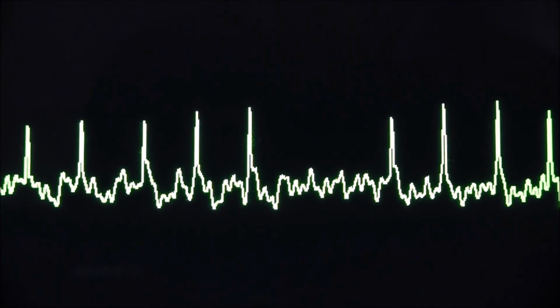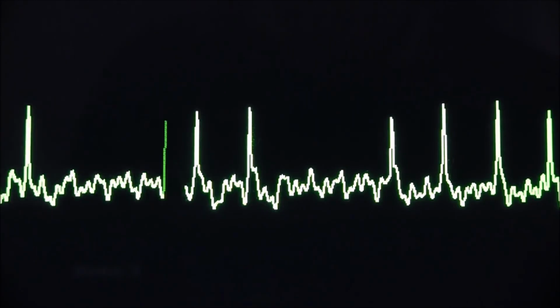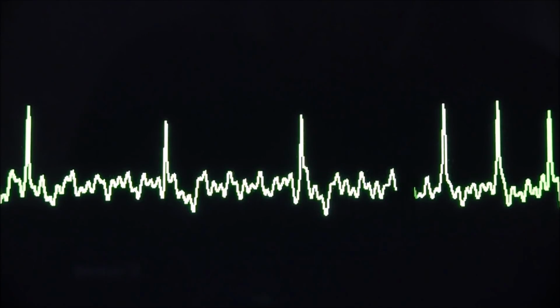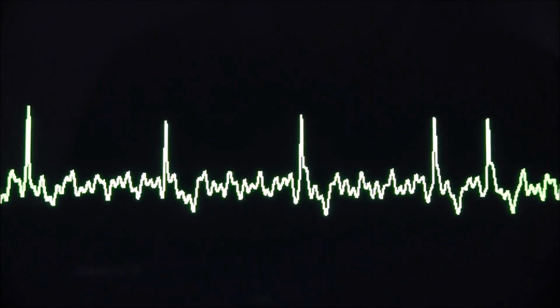So atrial fibrillation is sometimes called an irregular rhythm. It's irregularly irregular. You can get a slowish AF, so this is a fairly slow one.